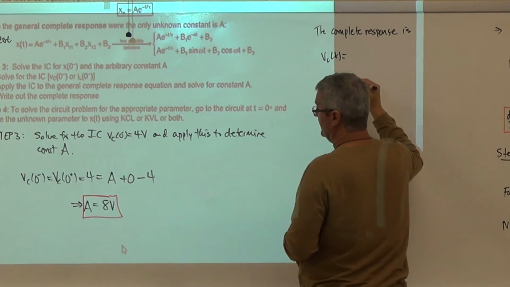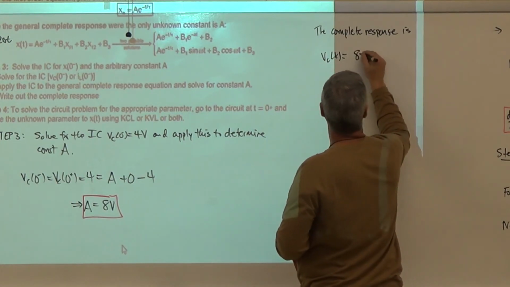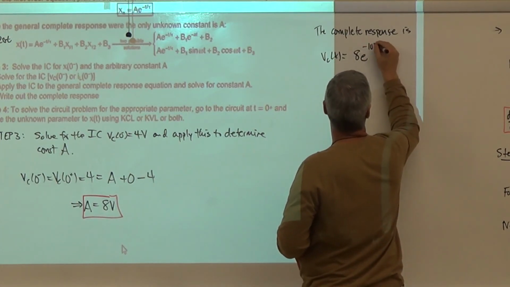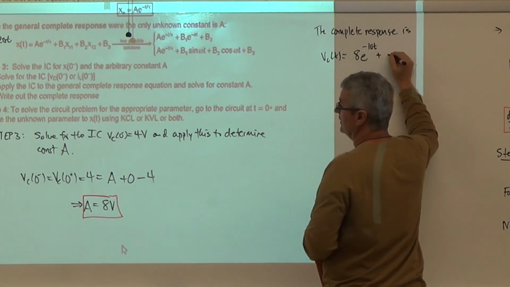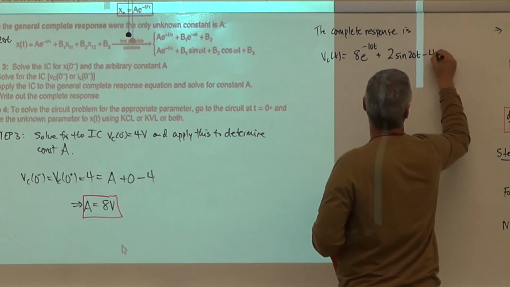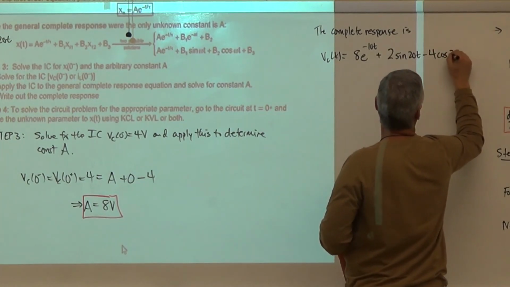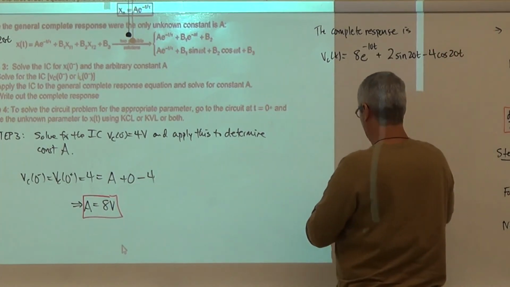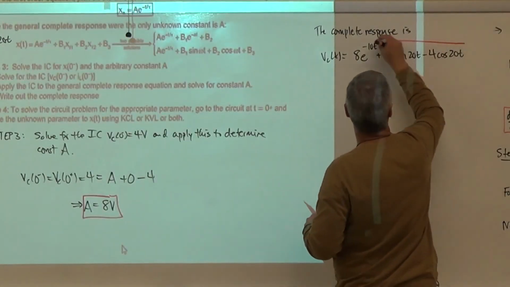Now if I plug that in, it's going to give me 8 e to the minus 10t plus 2 sine of 20t minus 4 cosine of 20t. So now we have our solution.